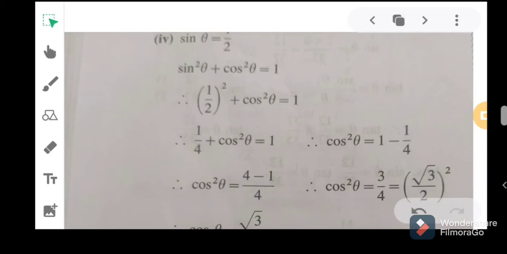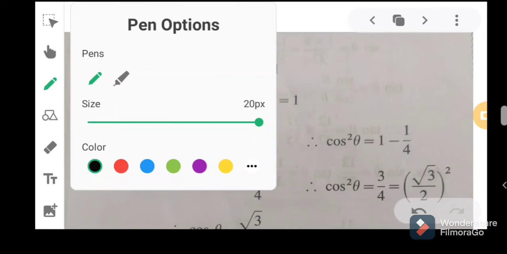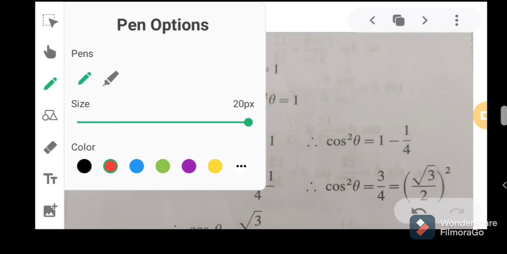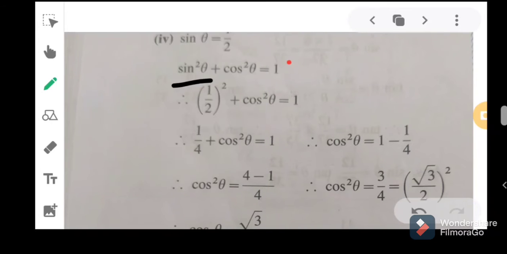We know friends the relation between the trigonometric identities, that is sin square theta plus cos square theta equals 1. For solving this example, we substitute the value of sin theta. The value of sin theta is 1 by 2. So sin square theta plus cos square theta equals 1.